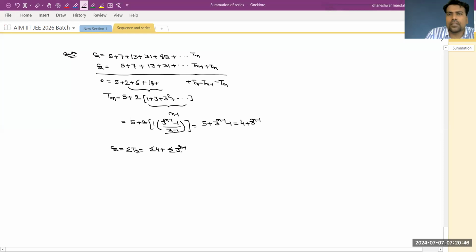So in place of the nth term, I write the rth term. If I add 4 n times, then 4n is there, and this will be in GP. What will be the first term? If I put r equal to 1, then 1 is there. So I write the sum of the GP as (3^n minus 1) over (3 minus 1). So the answer will be 4n plus (3^n minus 1)/2. So this will be your answer.